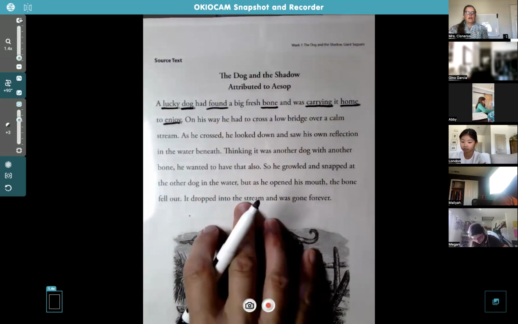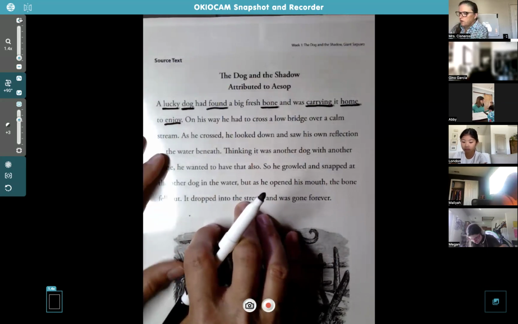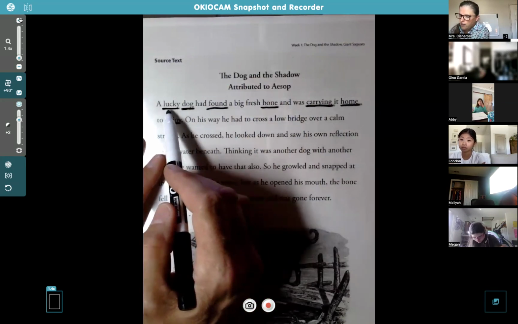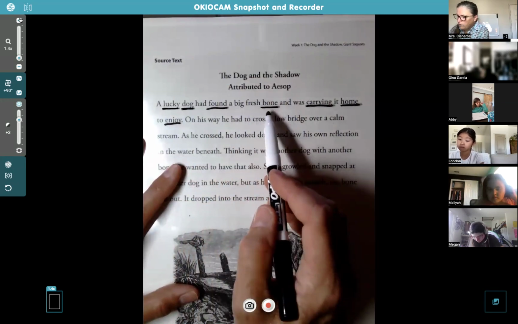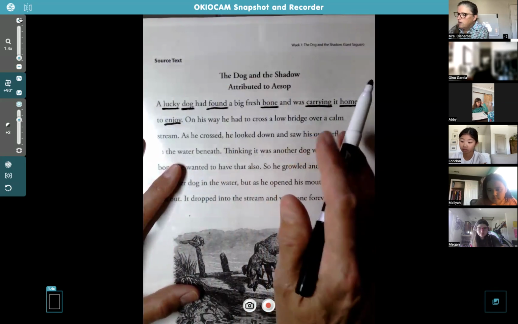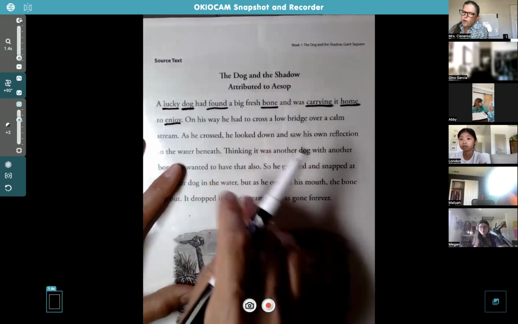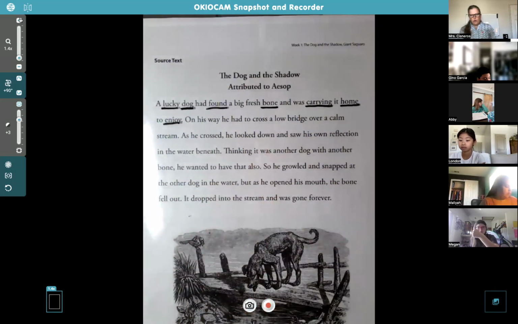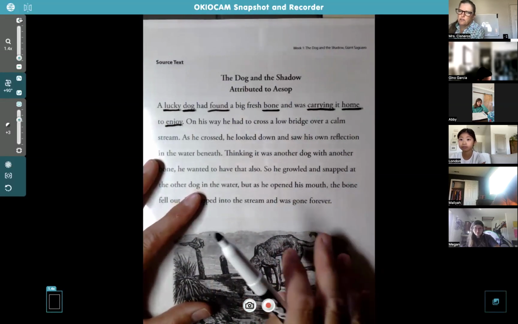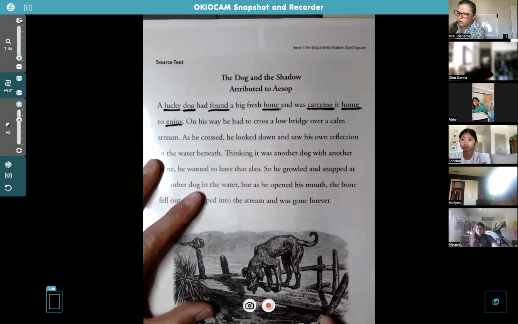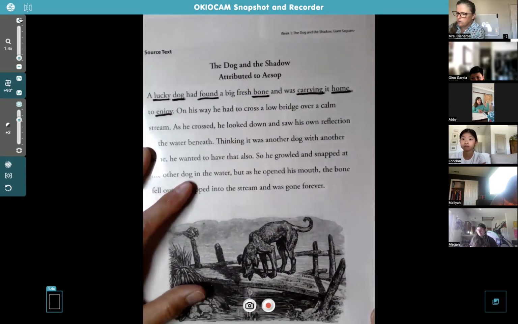Okay, so we underlined a bunch here. So check yours. Do you have lucky should be underlined, dog, found, bone, carrying, home, enjoy. Those are key words. I did not underline the littler words. I didn't underline big and fresh either because we're really talking mostly about the bone. So I chose not to underline those.